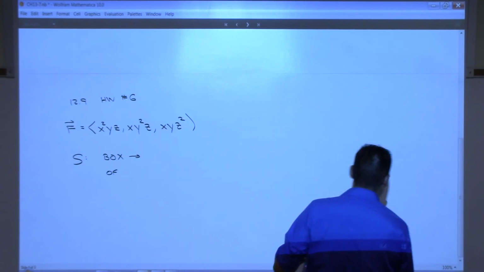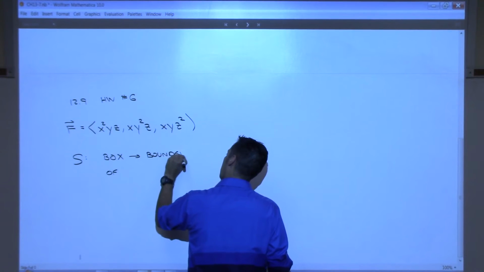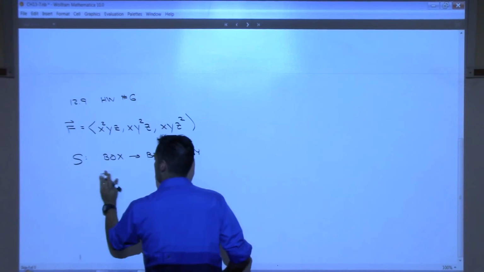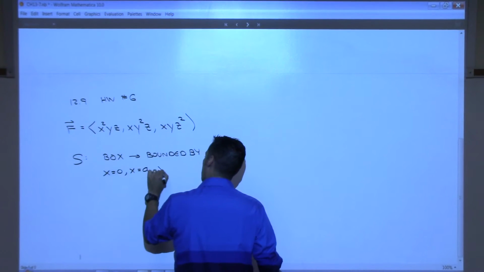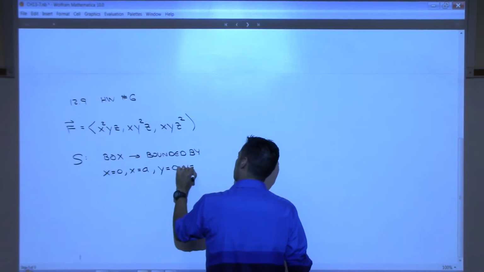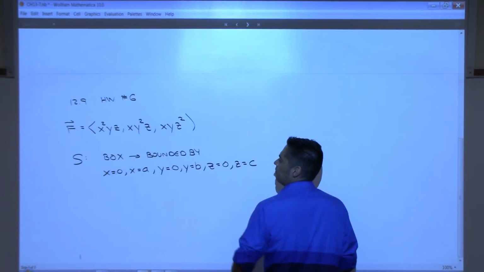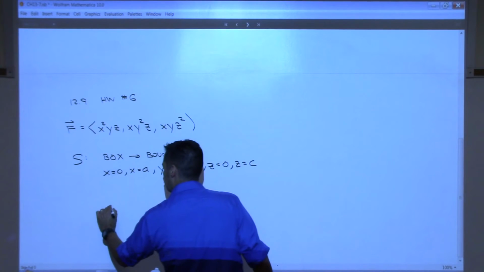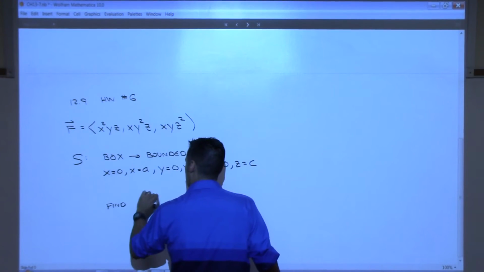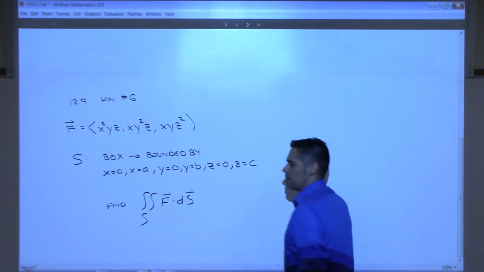The intersection of those would not work. It's bounded by x equals 0, x equals a, y equals 0, y equals b, z equals 0, z equals c. Find the flux through this surface.